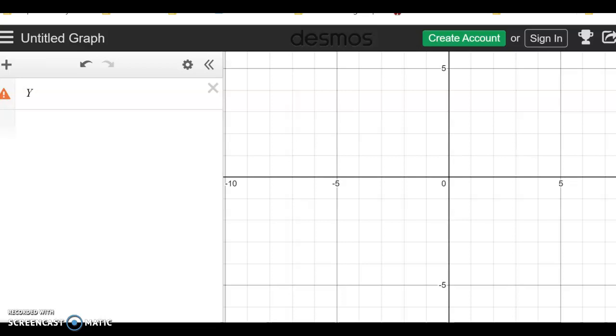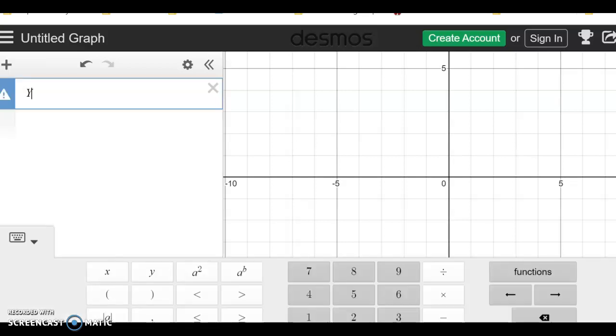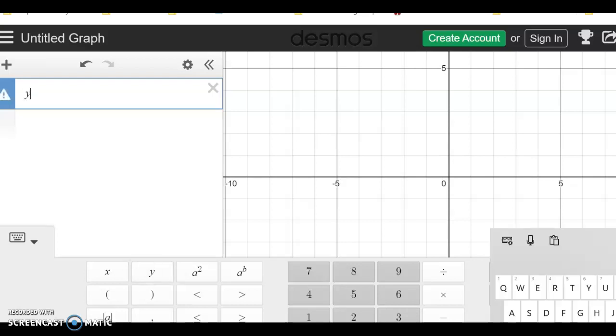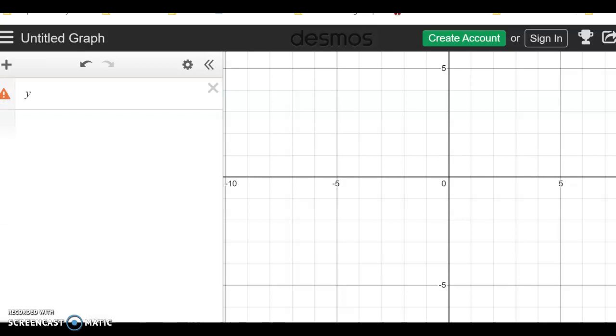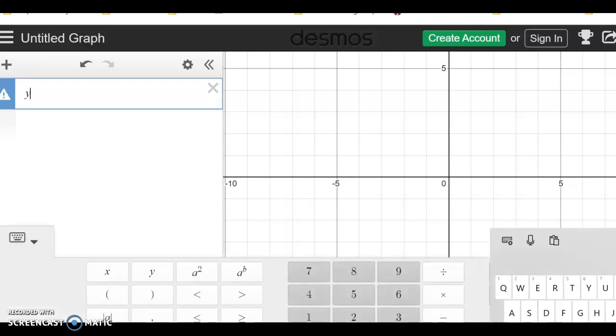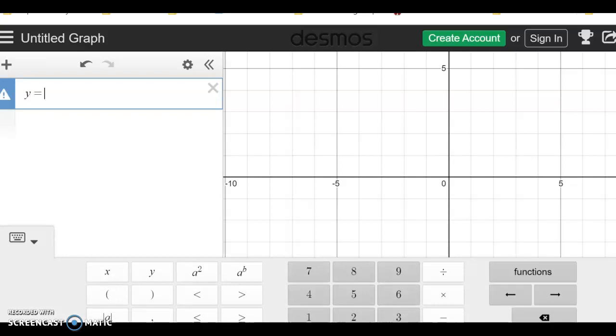There we go. Back up. All right, so y equals x plus 3. That's the graph of y equals x plus 3.